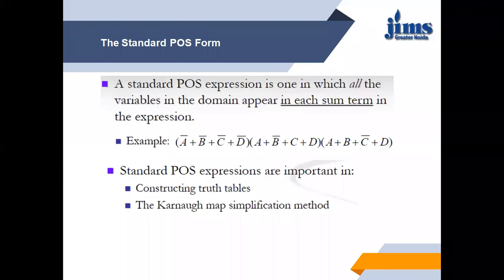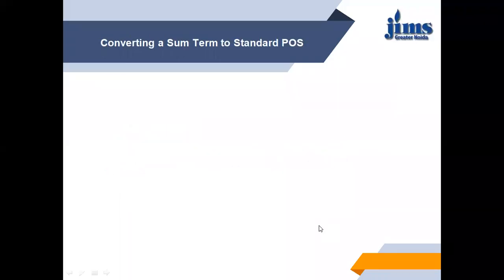When each term has all the available variables, it is said to be a standard or canonical form of POS. Standard POS expressions are important for constructing the truth table and for the Karnaugh map or K-map simplification method, which we are going to discuss in the next topic.